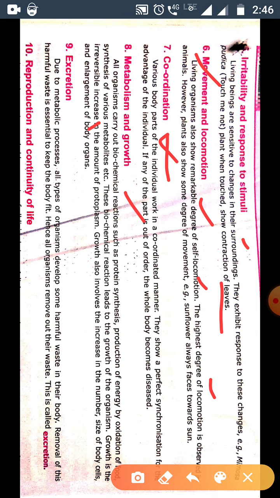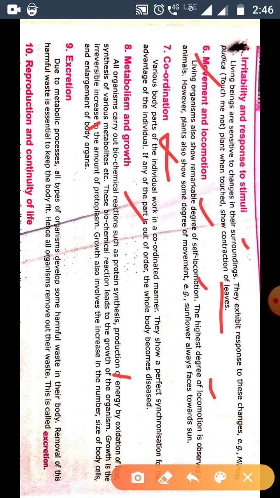If they eat, then they digest. After digestion, they absorb nutrients. Nutrients go to the tissues, and after that they reach the cell.